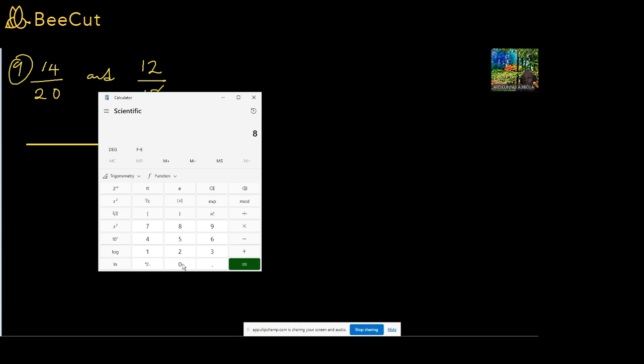Let's go for 80. Divided by 18 is still going to have a remainder. 100 divided by 18 still leaves a remainder. What about 120? 120 divided by 18 has a remainder too. Is that clear?